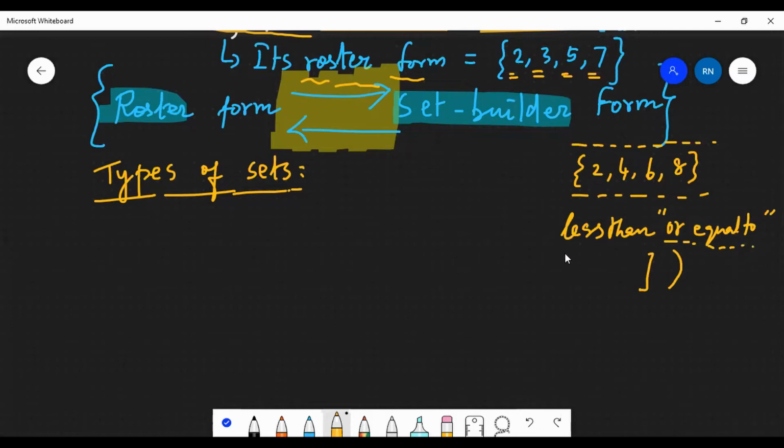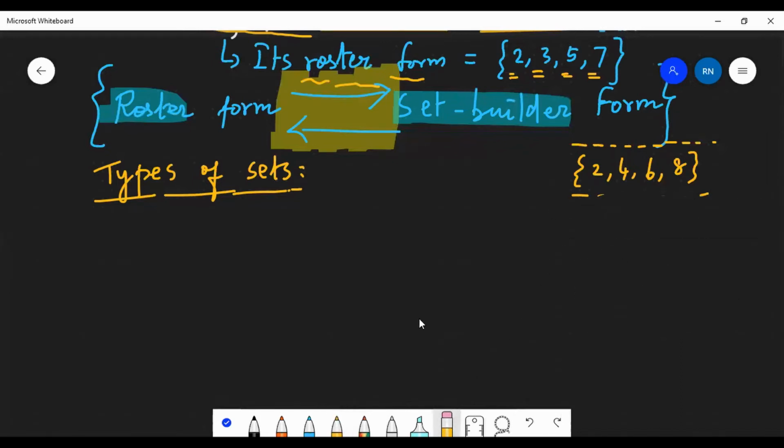Otherwise, you don't include the ending number. For example, you said less than 11. So you won't include the 11, and it still stops at 7 only. If the qualifier statement is less than or equal to, then you will write 11. It depends on the qualifier statement.